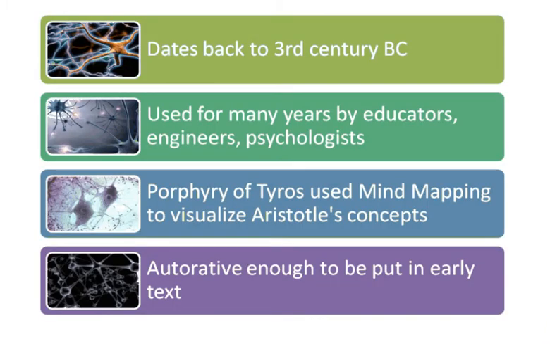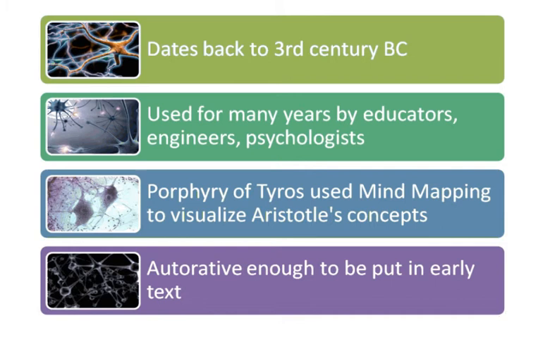Early mind mapping. Mind maps have been around for many years. They've been used for brainstorming, learning, visual thinking, and problem solving by all types of professions. The first known use of mind mapping, or something akin to mind mapping, dates back to the 3rd century BC. A holistic philosopher and noted thinker of his time is claimed to have used the earliest examples of mind mapping to convey concepts, ideas, and meanings.